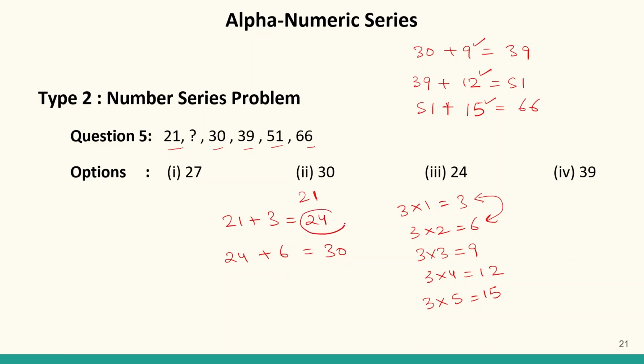So now this should be my answer. And I have to check whether it follows the logic with the previous term and the next term. So 24 follows the same logic, that we are adding the table of 3 to each element? Yes, it does. So our answer would be option number 3, 24.